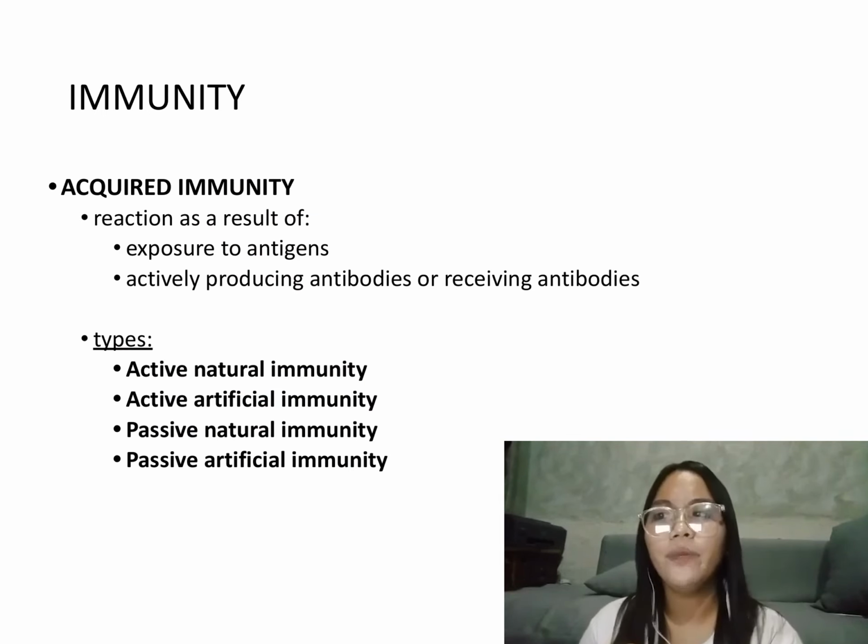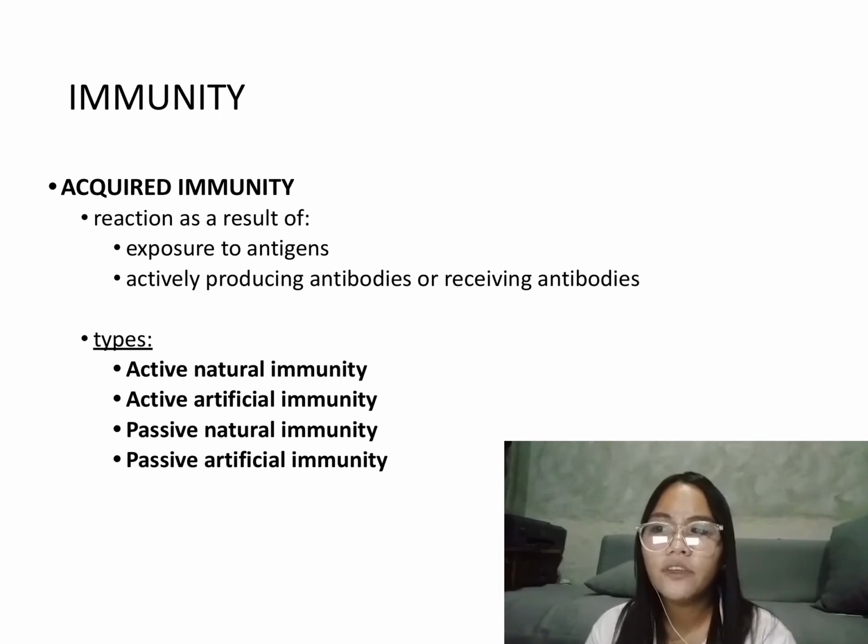Acquired immunity, a reaction as a result of exposure to antigens, actively producing antibodies or receiving antibodies. Types: active natural immunity, active artificial immunity, passive natural immunity, passive artificial immunity.